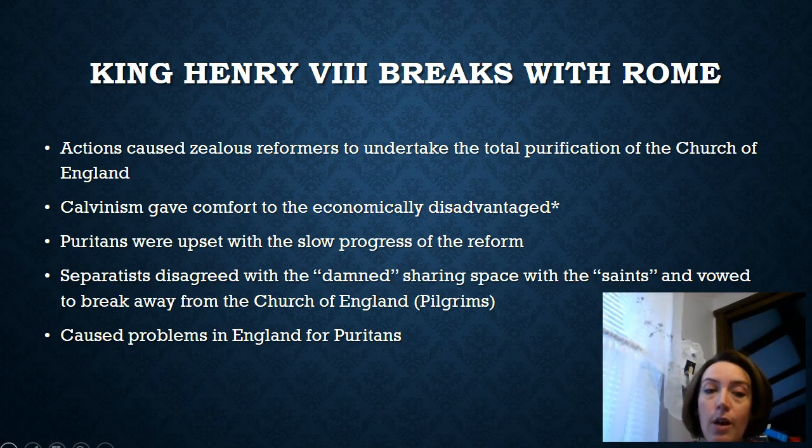So the Puritans really kind of latch onto this, their hard work ethic. They feel rewarded. However, they feel upset in England that their revolution or their Reformation isn't taken further, and they're not allowed to necessarily practice freely. As leadership changes, especially over a long period of time, the Puritans will find themselves in and out of favor.